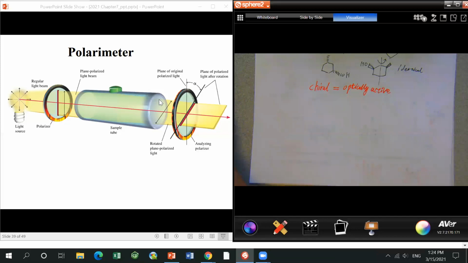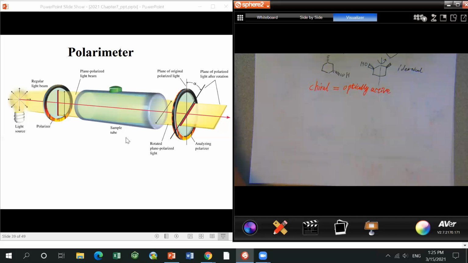You put your sample in the sample chamber, normally a solution or liquid. If the sample is chiral, it will rotate the plane polarized light by certain degrees, generally called the specific rotation. If it's achiral, there's no such rotation. So that helps you determine whether a molecule is chiral or achiral.